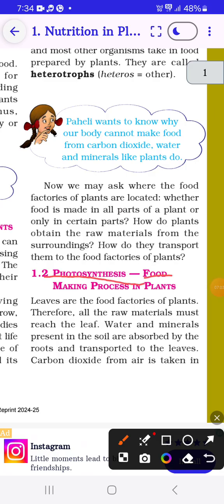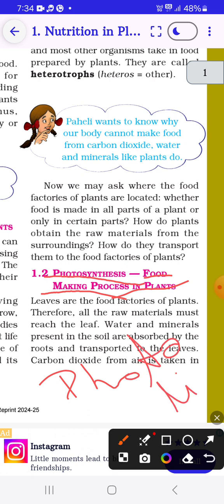Photosynthesis, the food making process in plants. Photo means light. Synthesis means prepare. So look at paragraph 1.2.